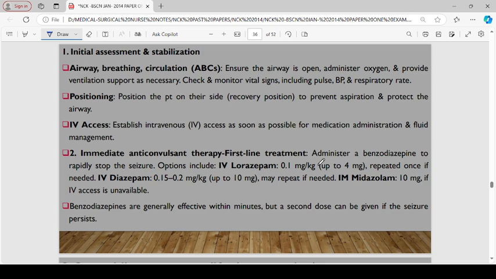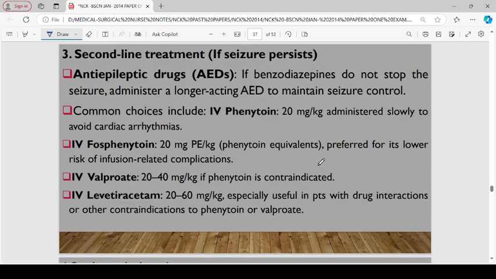May be repeated if needed, right? You can also use IM midazolam, 10 milligrams if IV access is unavailable, right? Benzodiazepines are generally effective within minutes, but a second dose can be given if the seizure persists.